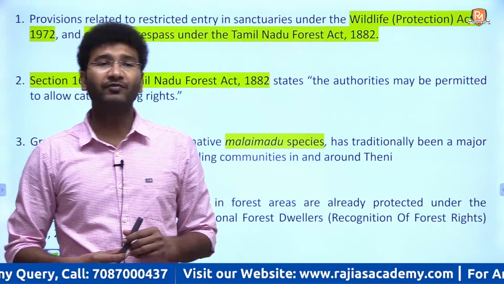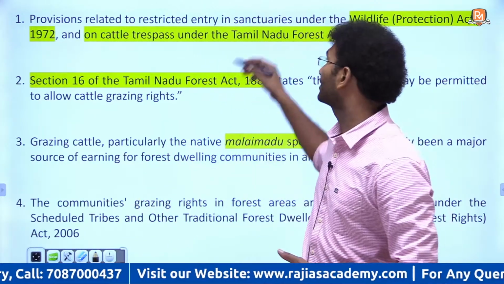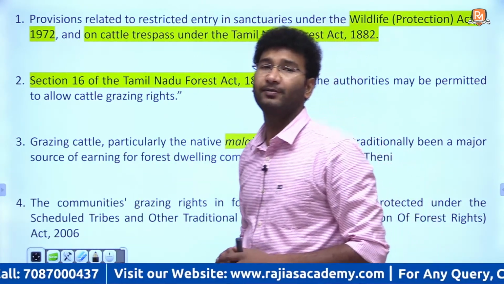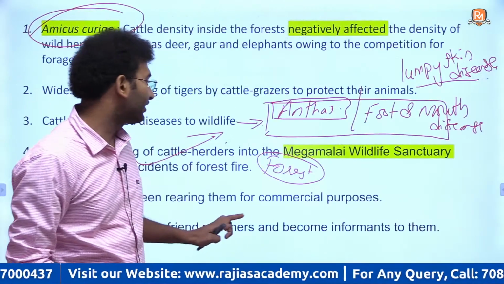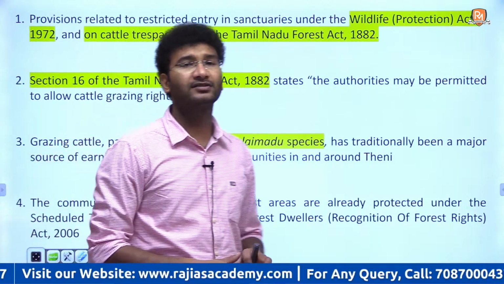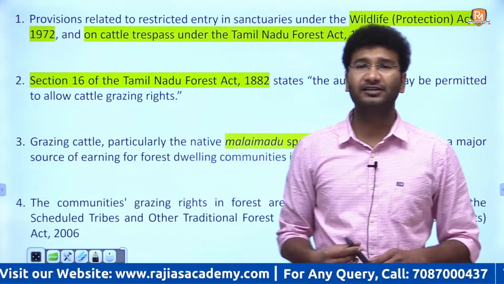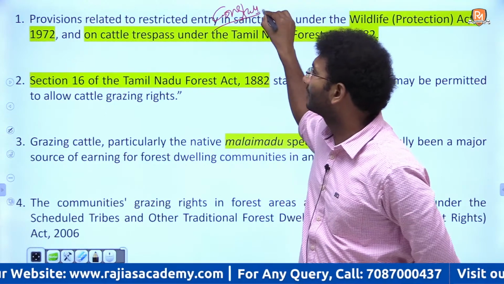Now there are some provisions related to the entry into the sanctuaries under the Wildlife Protection Act and the Tamil Nadu Forest Department. So as you already know, these are the points that have been taken into consideration by the amicus curiae and the court. Now let us look into some of the points from a different direction with respect to constitutionality, right?